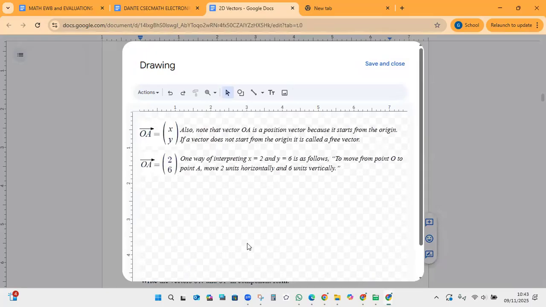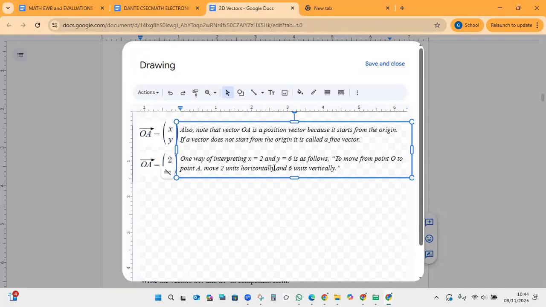So we can edit this by including to move from point O to point A, you've got to move 2 units horizontally towards the right, all right? This vector also implies direction, and 6 units vertically upwards.